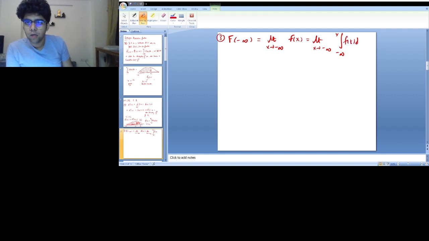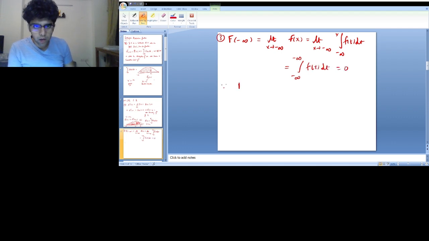If I just substitute negative infinity, this will give me the integral from negative infinity to negative infinity of f(t) dt, which is 0. Therefore my F of negative infinity is equal to the limit as x goes to negative infinity of F(x), which is equal to 0.